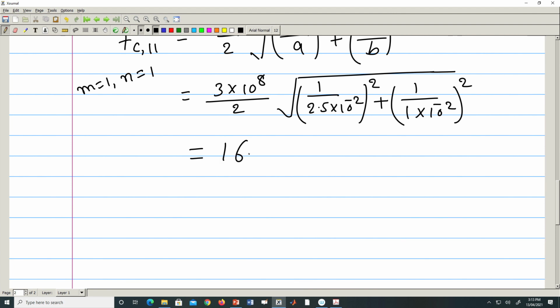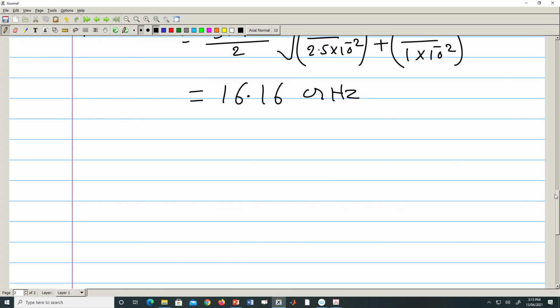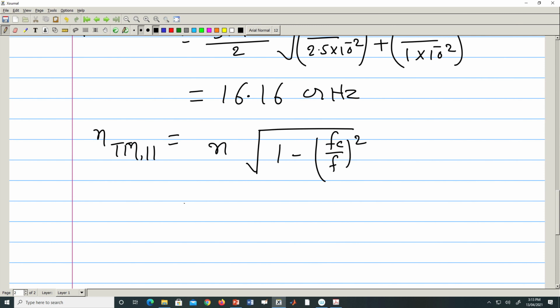So, eta TM11 will be eta square root of 1 minus (fc upon f) whole square. So, we can substitute the value: 377 square root of 1 minus (16.16 by the operating frequency) whole square. So, this will come 166.05 ohm. So, this is the wave impedance for the TM11 mode.